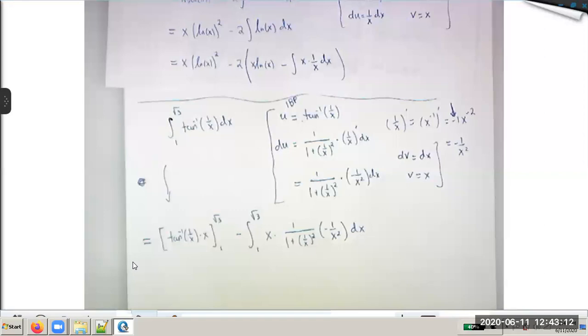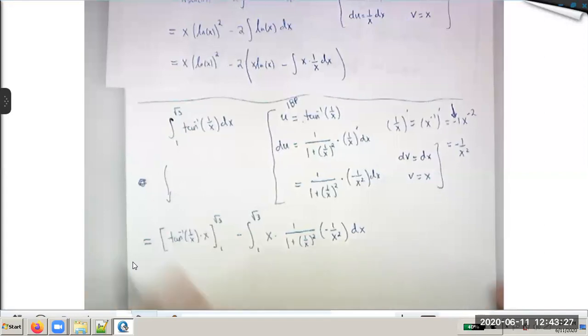So that integrand is not friendly looking, but it actually simplifies nicely. Careful. So let's come off to the side for a minute and do some algebra.